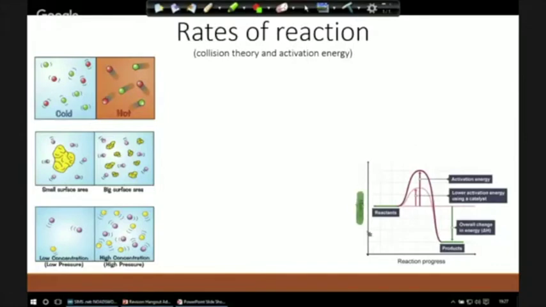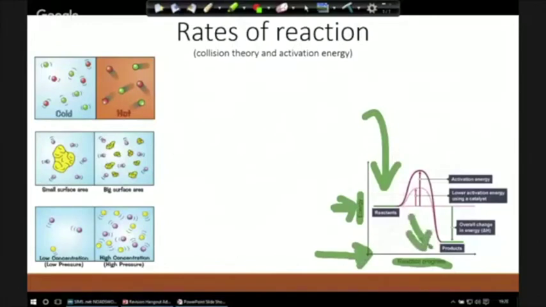If we have an energy quantity versus our reaction progress graph, we'll see the following. In this first example, we have our reactants. These reactants have a certain amount of energy. But when they've done their reaction, we then find that the products are below. They are containing less energy than when they started.